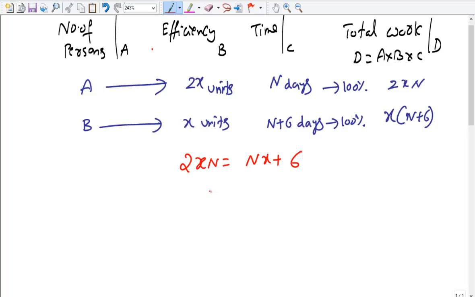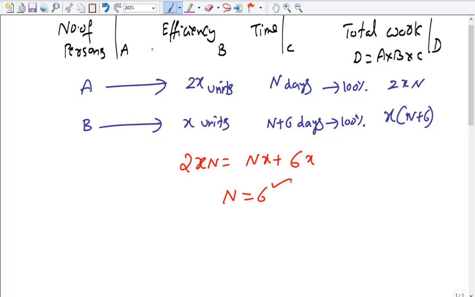That is quite simple. Now we can easily find the answer. That is 6x actually, which is straightforwardly simple. That gives n equal to 6.